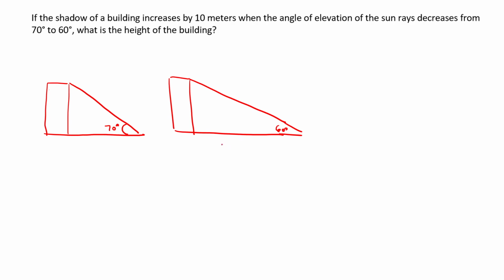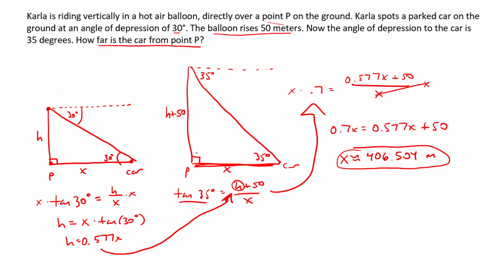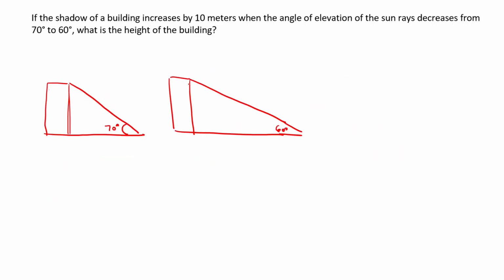Okay, so again, kind of like last time, the distance from the car to point P didn't change. So in this problem, the height of the building didn't change. So let's call that, again, like h for height. What did change is the shadow. And so like in the original problem, let's just say x. And so when we go to this triangle now, it's simply going to be x plus 10.